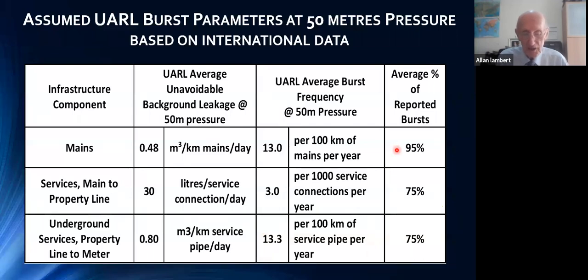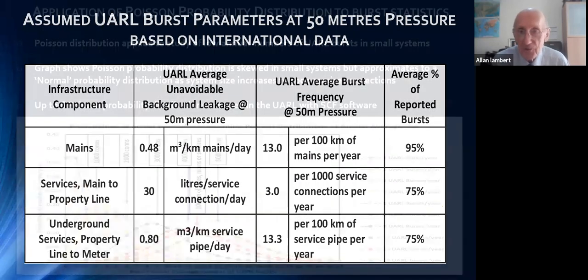If you want to look at more detail on that, the assumptions for average burst flow rates and runtimes are clearly stated and auditable in the 1999 Aqua paper, where the equation was first published. And that's accessible through one of the web links that we'll show you at the end of the presentation, for those who want to look into it.